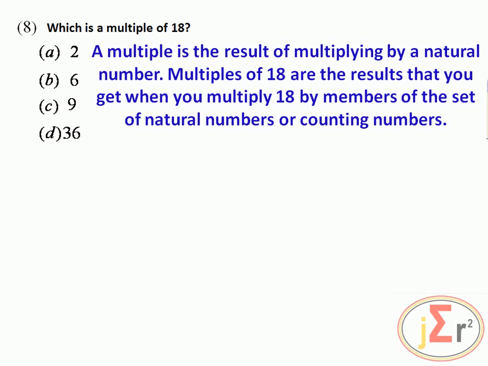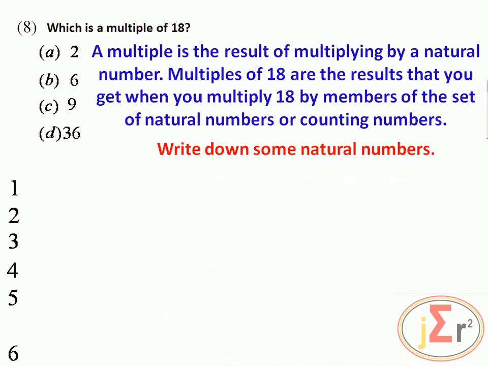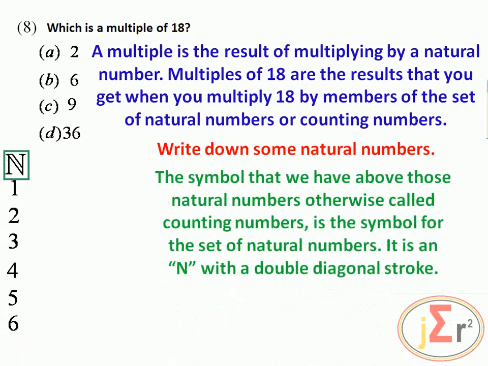So multiples of 18 are what we will get if we take 18 and multiply 18 by any member of the set of natural or counting numbers. Write down some natural numbers. So there we have some natural numbers. And we have the symbol that is representing natural numbers there.